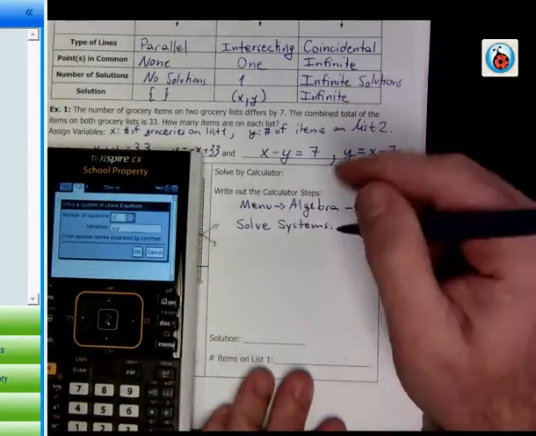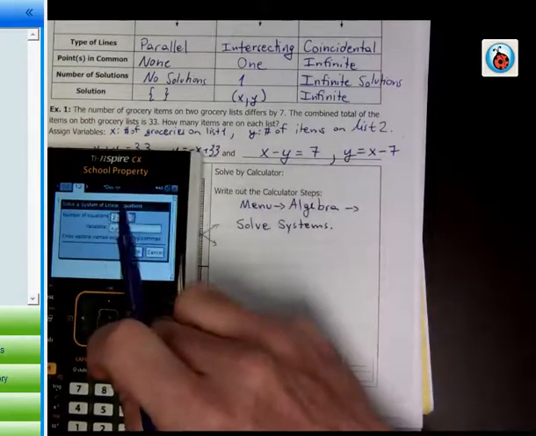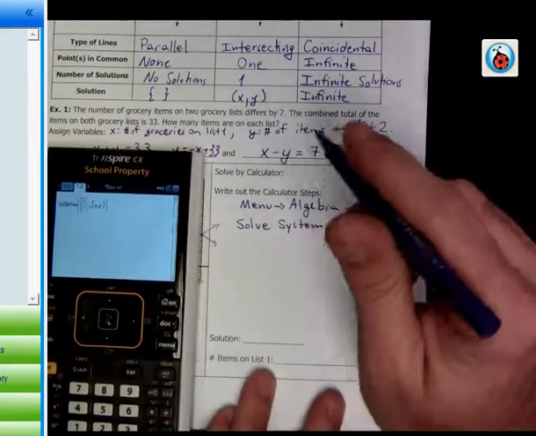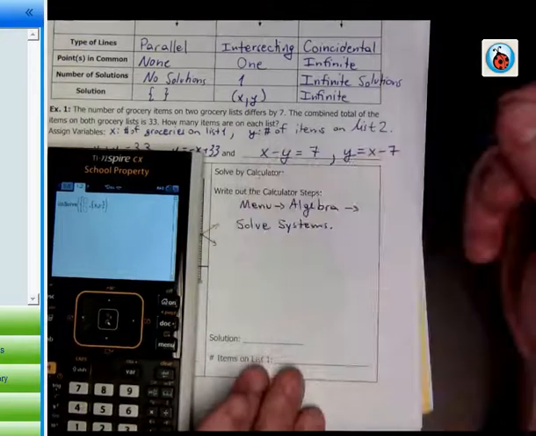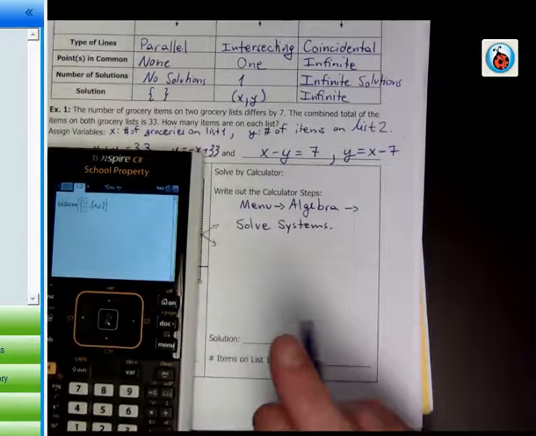Okay, then they ask you how many equations. We had 2. Our variables are x and y. Okay, and then you enter both equations.